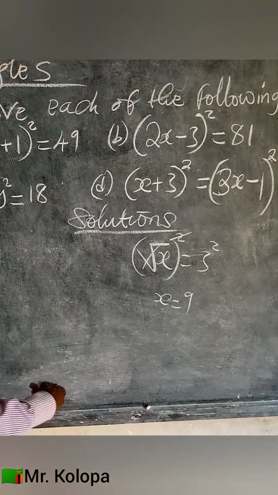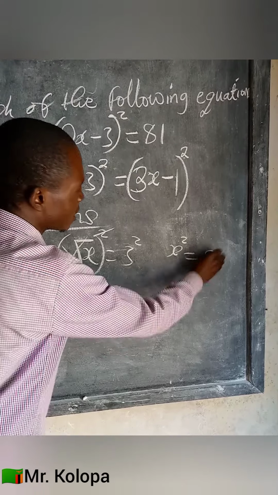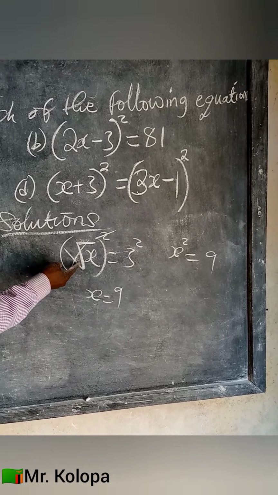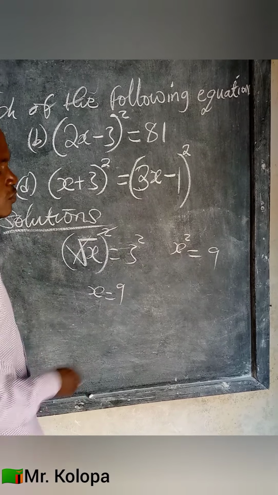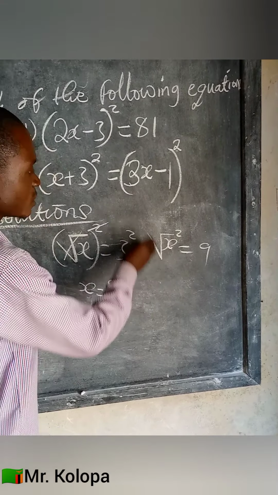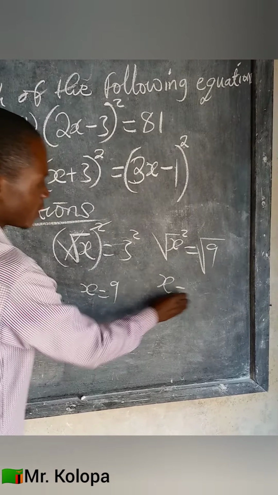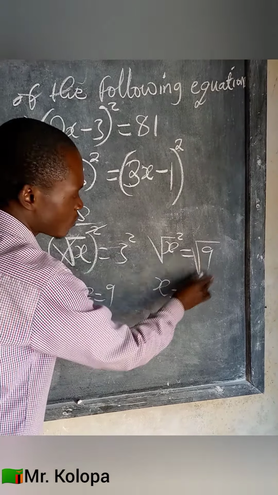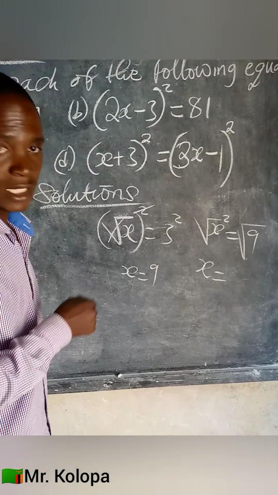Today, we are given the square and asked to solve the equation, just the opposite of this one. Here we introduce the square root on both sides. So x will be equal to positive or negative 3, because for the square root you get two answers, the positive and the negative.